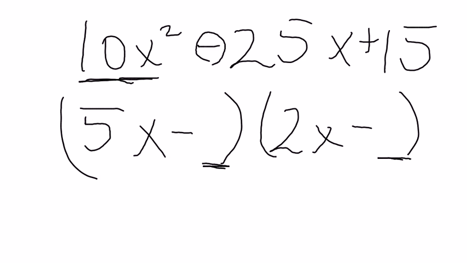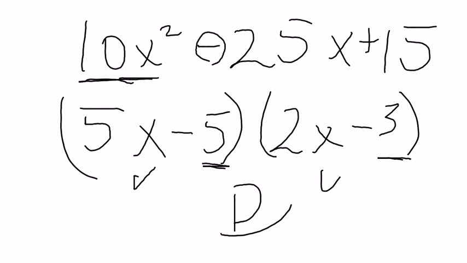I'm going to try 3 here. Okay, that'll give me negative 15. 5 would have to go here. That's minus 10. Okay, that's minus 25. So in the answers, which one of these factors is in the choices? And D is the answer that they give you. So go with D, and that's the end of the quiz.